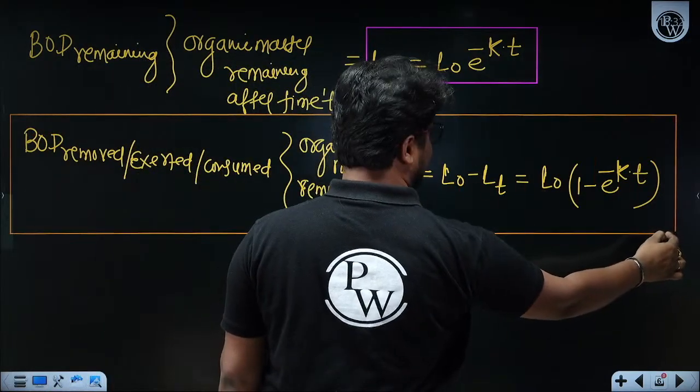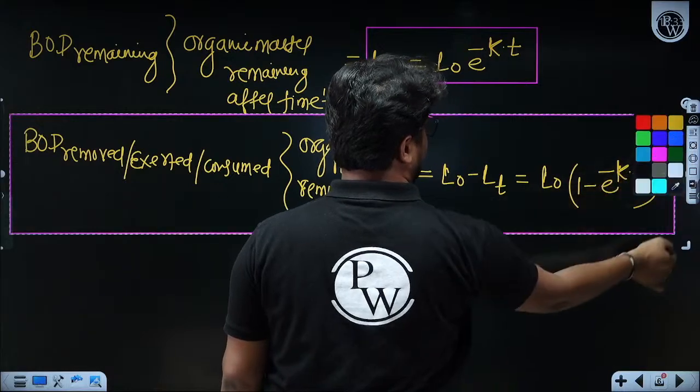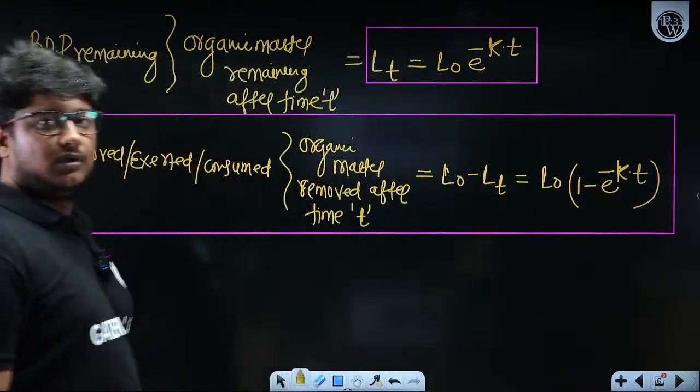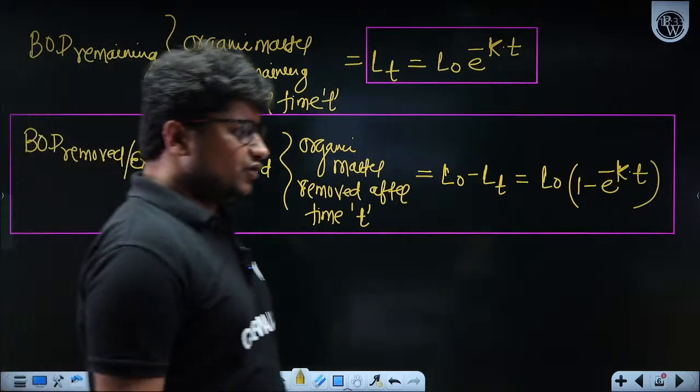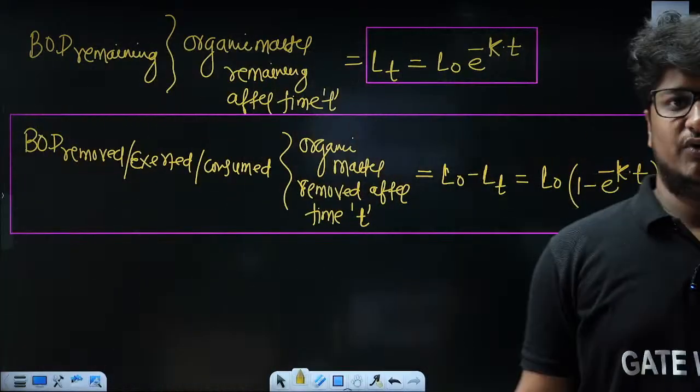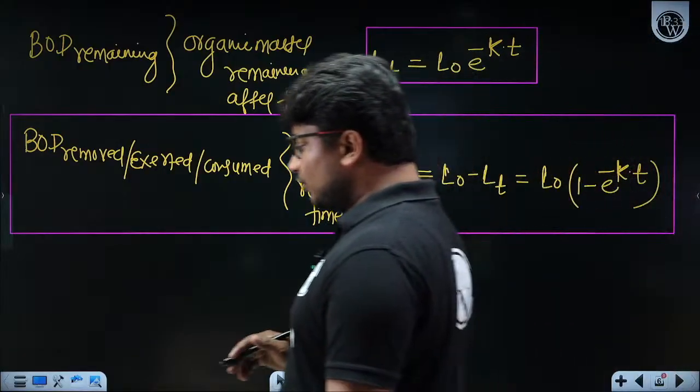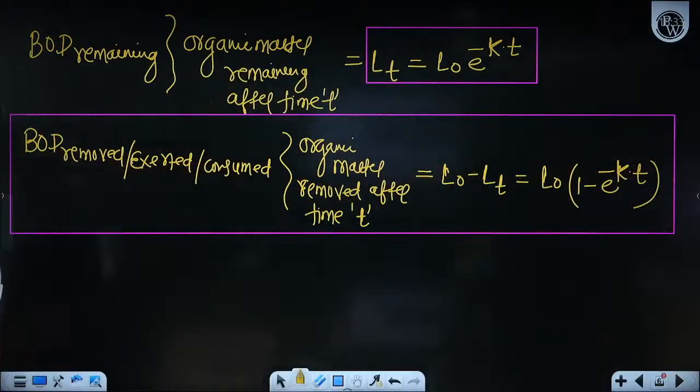Again, this formula is very, very important for all of you to remember. So you got the formula for BOD remaining also, you got the formula for BOD removed also. As I said, BOD removed means BOD consumed, BOD exerted, or simply you can say BOD. Clear?